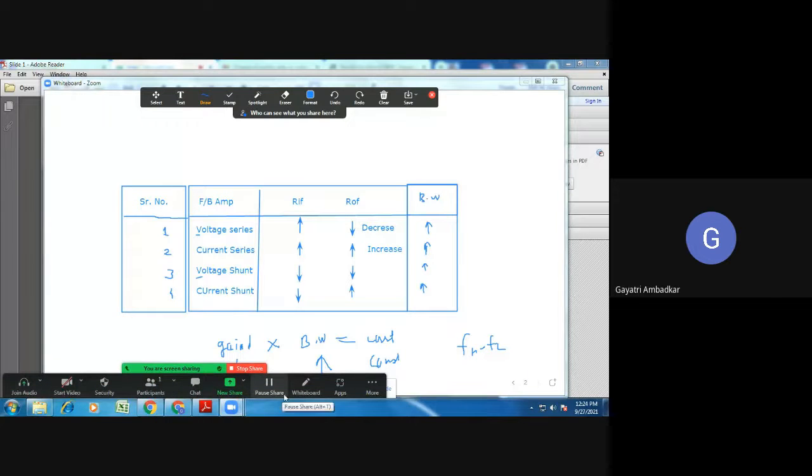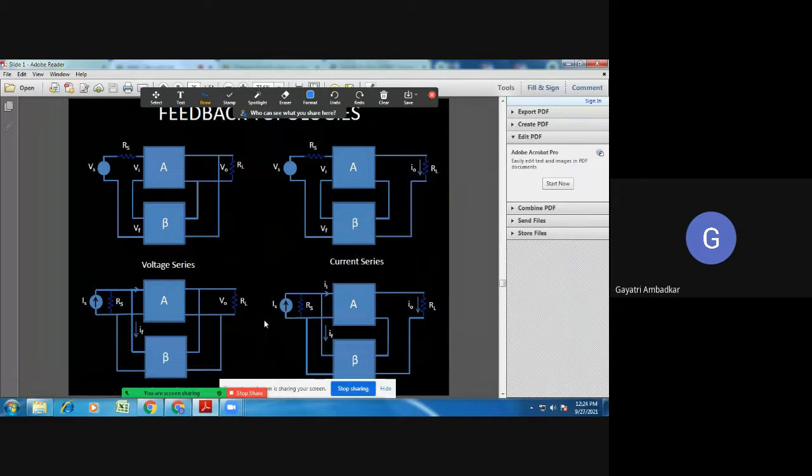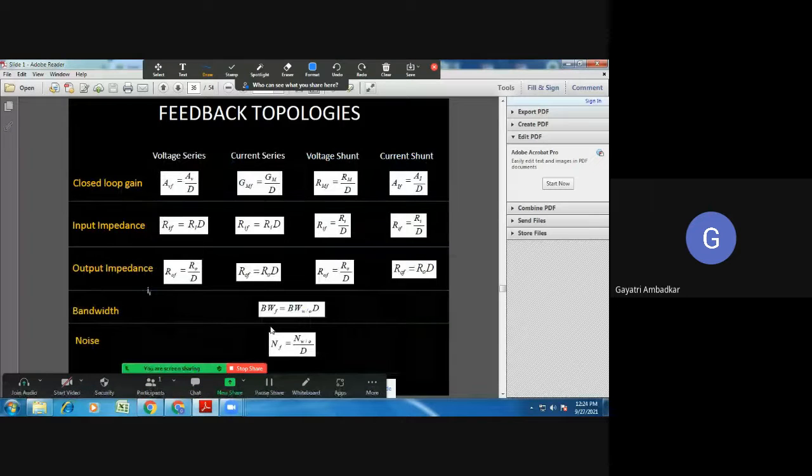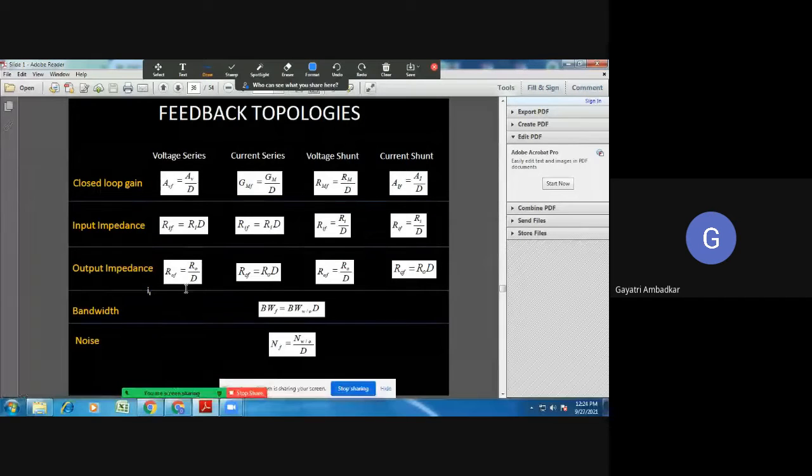So this is the effect on input and output resistance of a feedback amplifier. Now, in terms of input increases and decreases, I told you conceptually so that you will remember it.